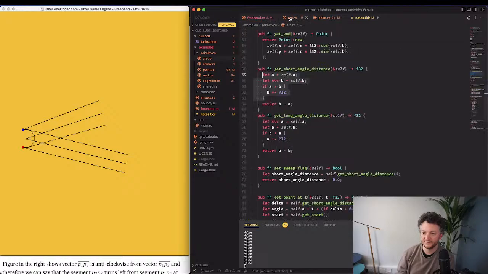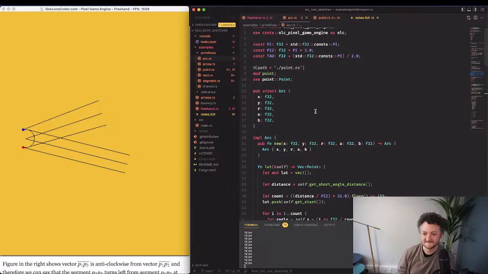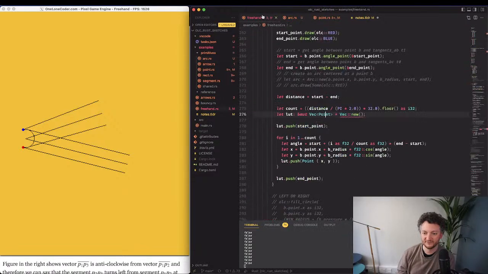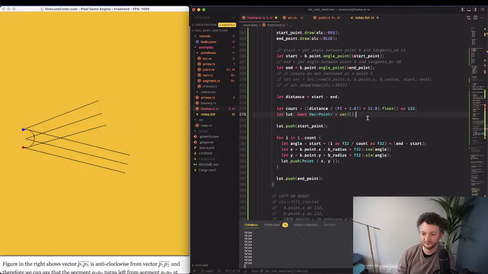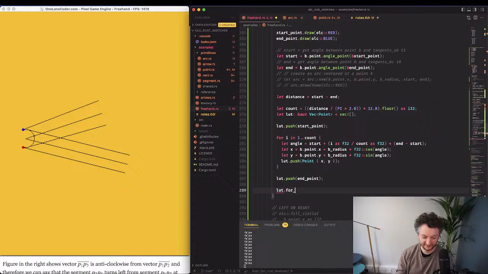Vector.new. I'm going to do it here. Oh, just vec. And then we want to say look dot for each. Pi 2 does mean pi times 2.